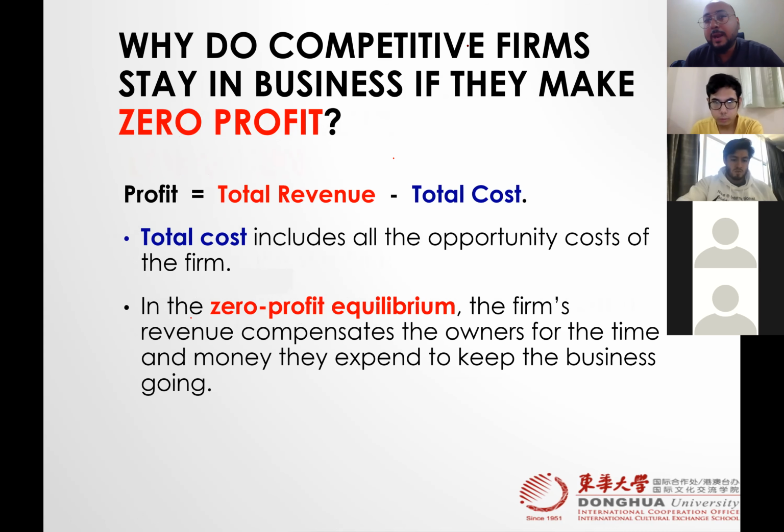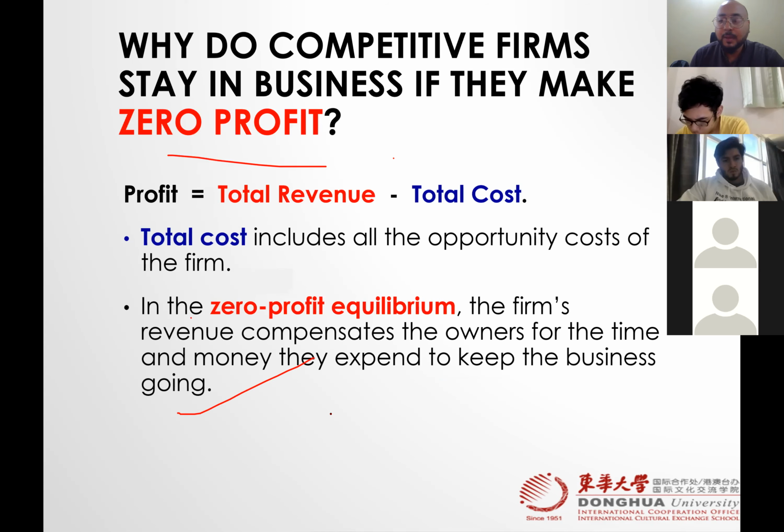Why do competitive firms stay in business if they make zero economic profit? Because we're talking about economic profit. In the zero profit equilibrium, the firm's revenue compensates the owners for the time and money they spend to keep the business going.